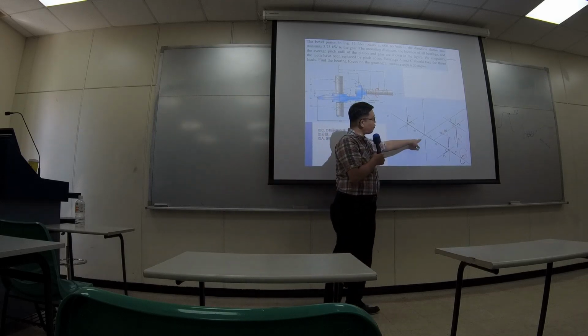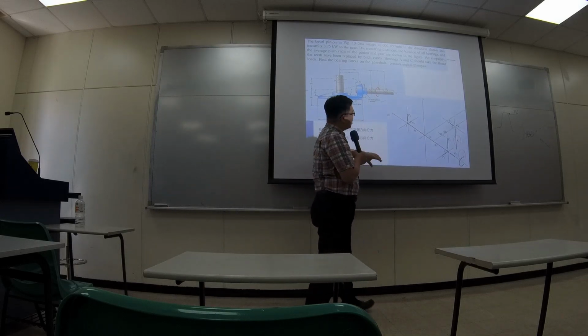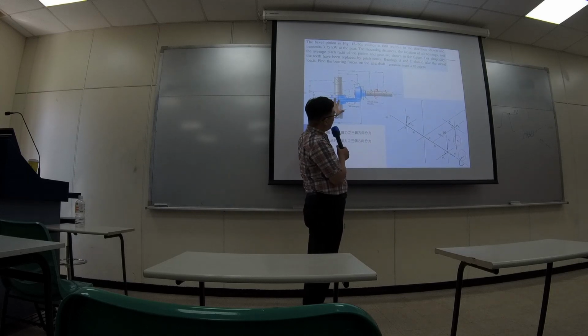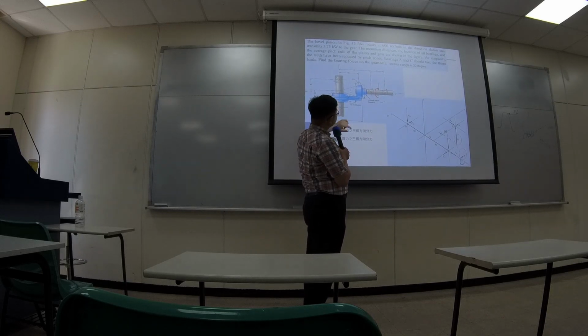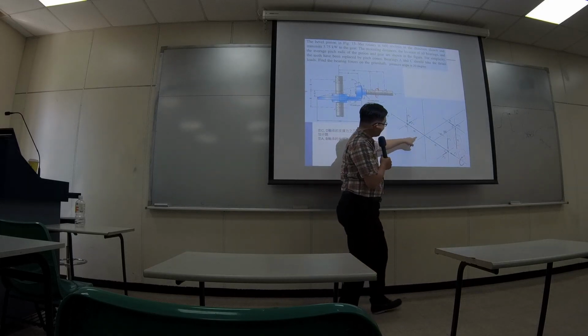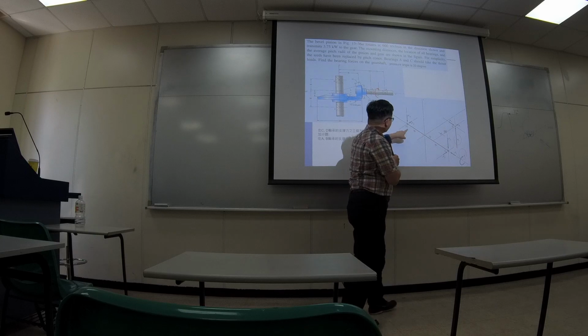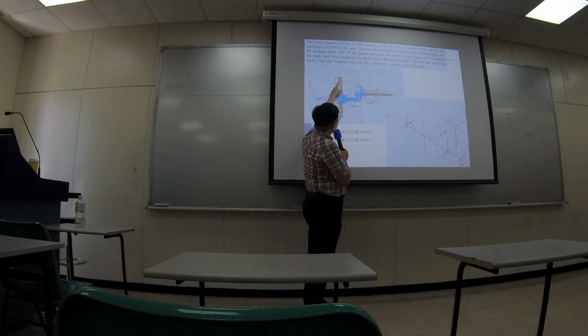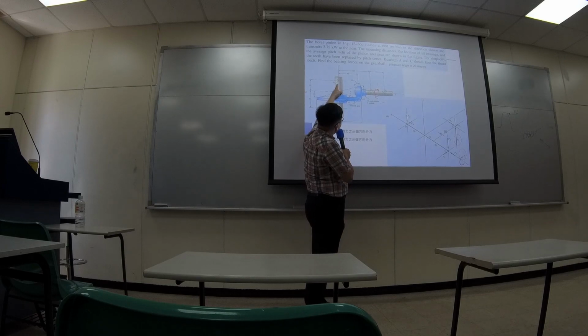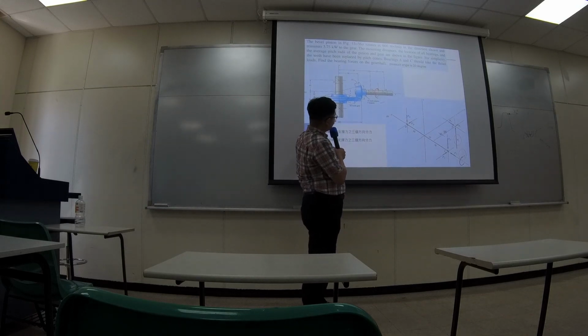This particular force diagram represents what you see in the upper left corner. Let's observe everything by the symbols. D is this one, and the cross represents a bearing. There's a bearing right here, and there's another bearing at C.